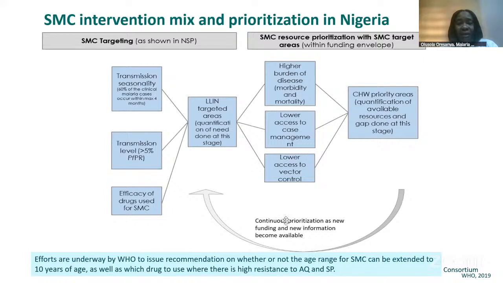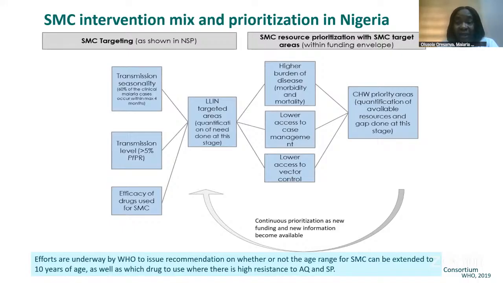And then all this was combined with the targeted areas, because WHO also recommends that in any area where malaria transmission is ongoing, a malaria vector control measure must be in place.